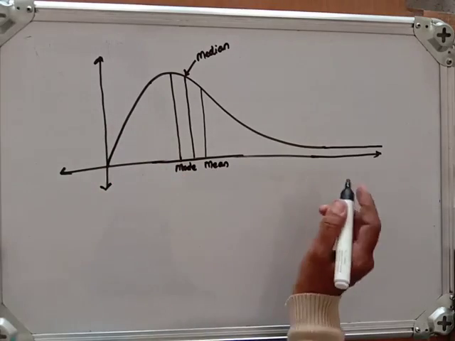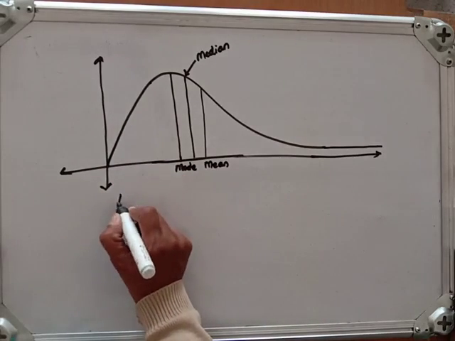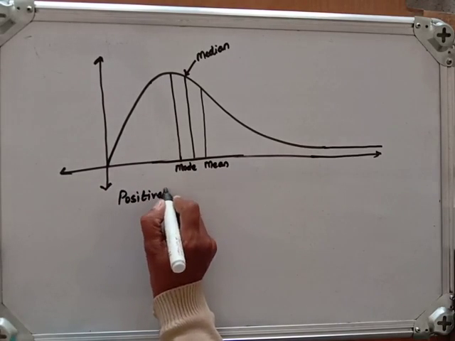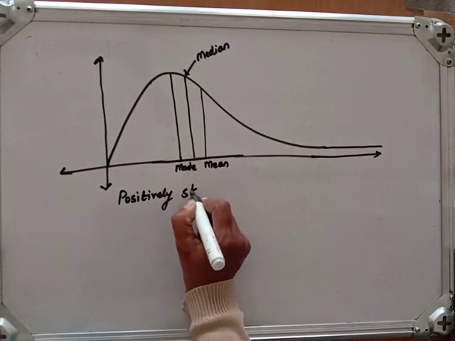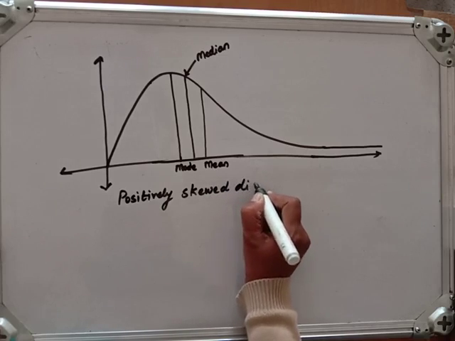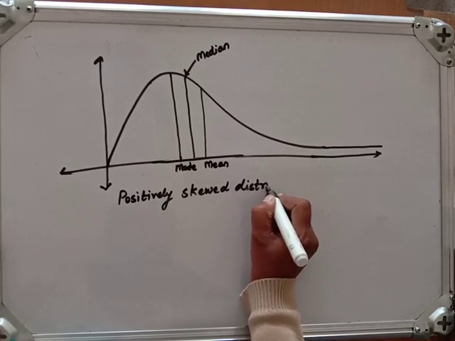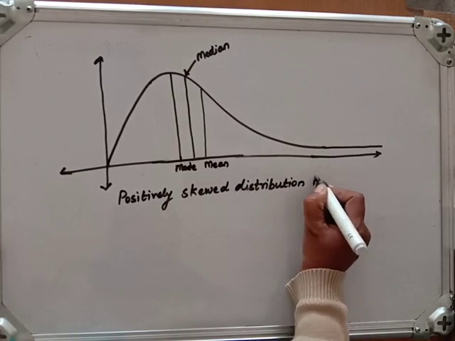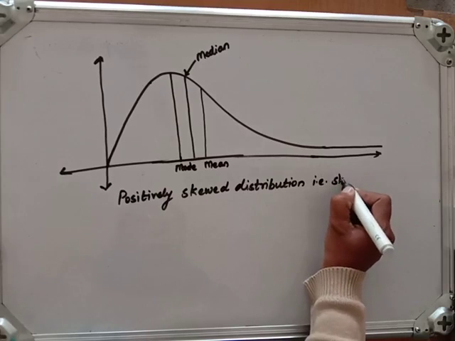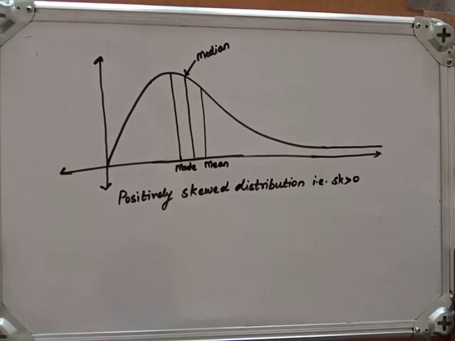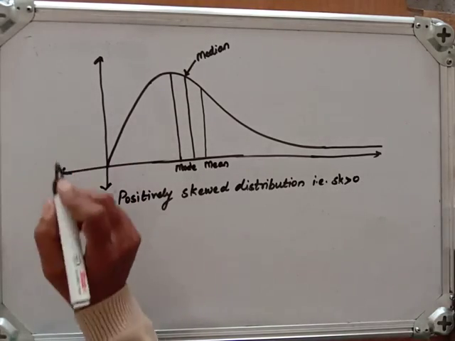A peak represents the mode. So this is a positively skewed distribution. That is, skewness SK is greater than 0. Now this is the graph of it.